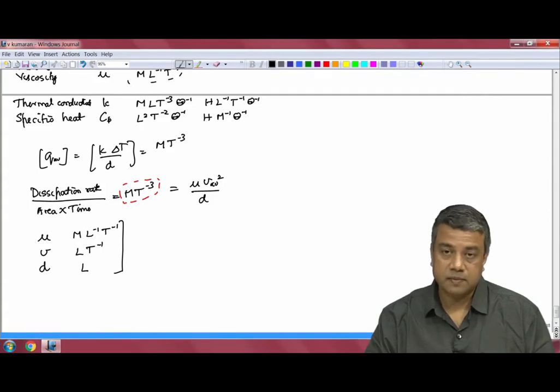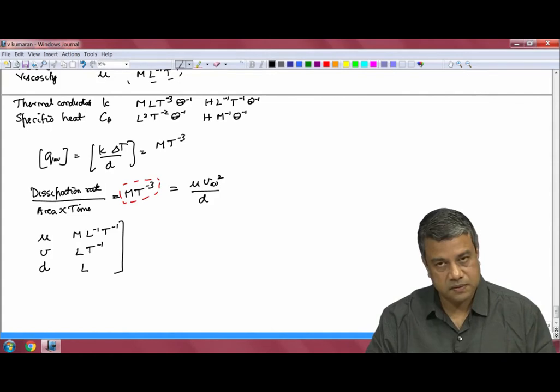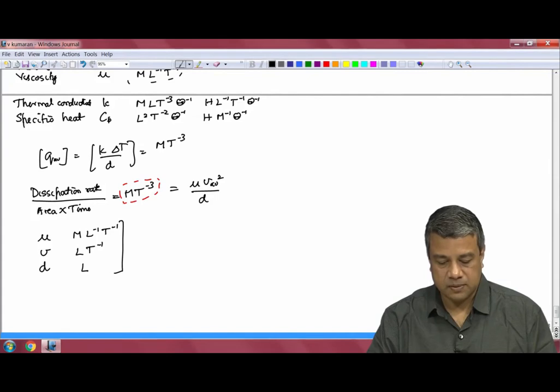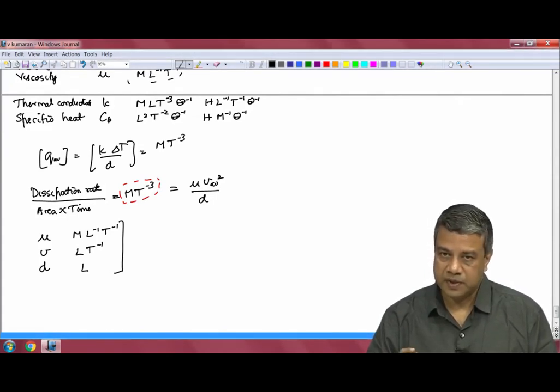I multiply by velocity squared, L square T inverse squared, and divide by L. You can see that the length dimension will exactly cancel out. You will get mass to the first power and time to the minus 3 power, T inverse from viscosity and the square of T inverse from the velocity.